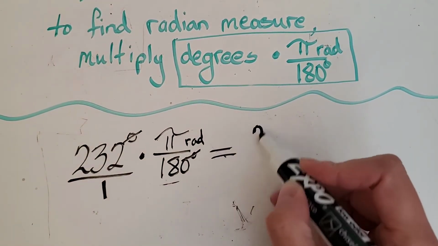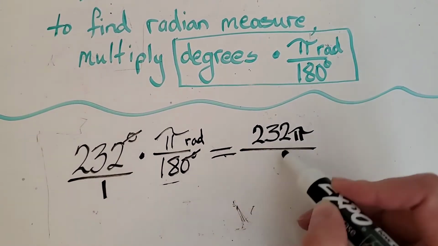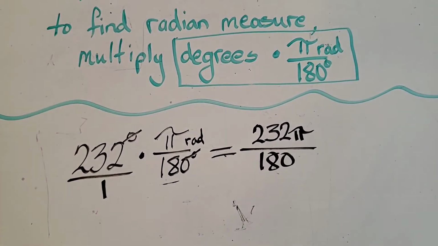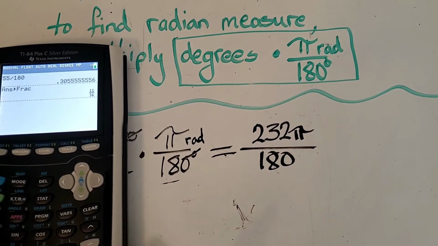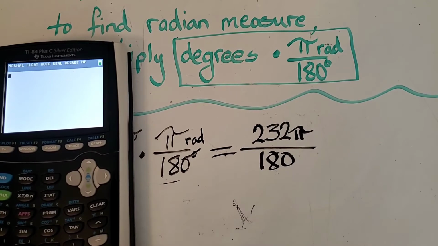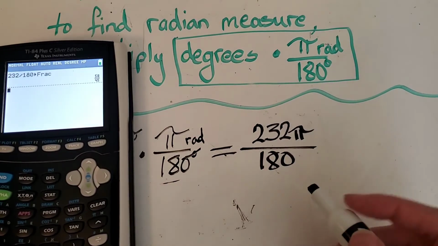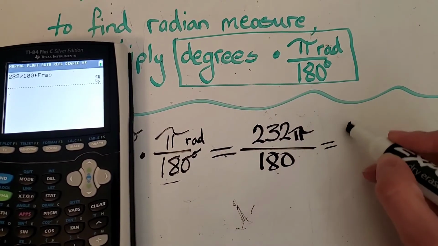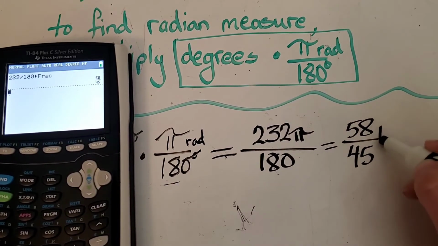Multiply across the top. Multiply across the bottom. And I'm going to reduce this fraction. 232 divided by 180. I can send it right into the fraction right away. And that becomes 58 over 45.